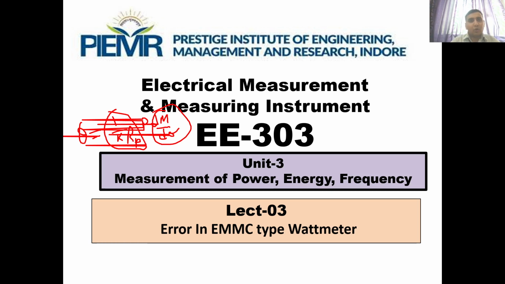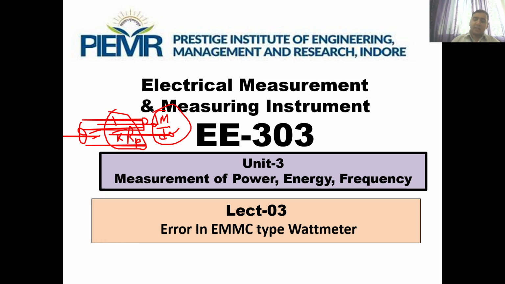But practically, dM by d theta is not constant with deflection, or the mutual inductance is not constant throughout the deflection angle, and this Rp, the overall resistance of the coil, is not wholly resistance. It should have some inductive part, which affects the overall measurement of the power.